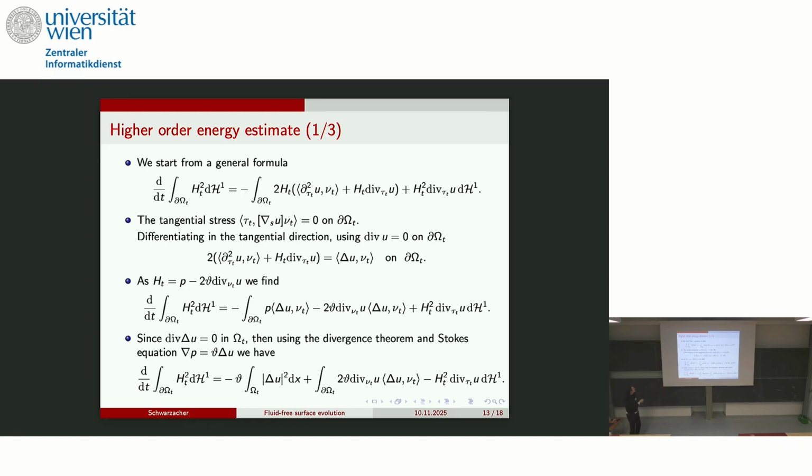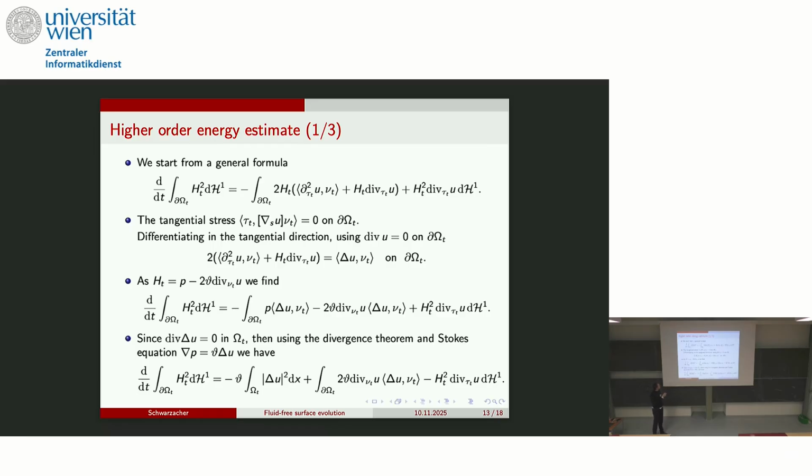So, you start with this differentiation of the term that you want to have. You get something like the tangential Laplacian here. You get the flow. So this is the tangential Laplacian, right? You get something like Reynolds transport for the surface, and here you use the fact, this is the estimate for the curvature.